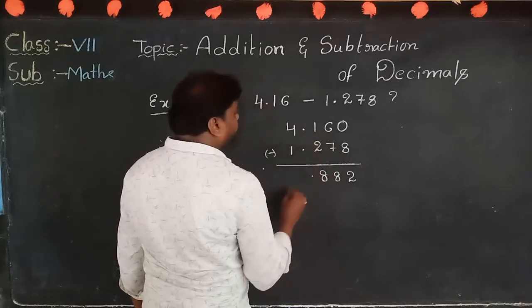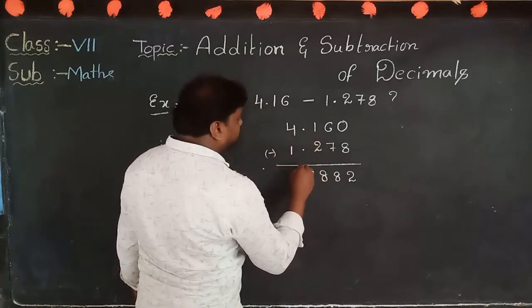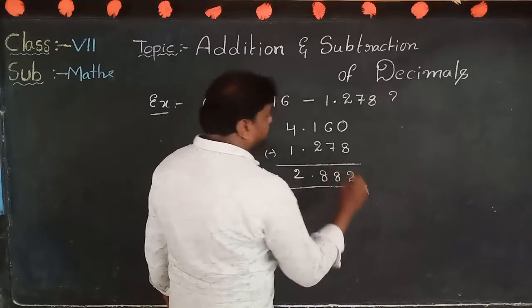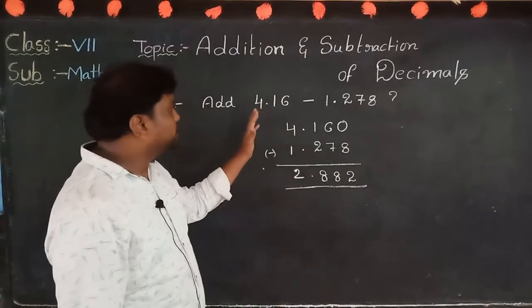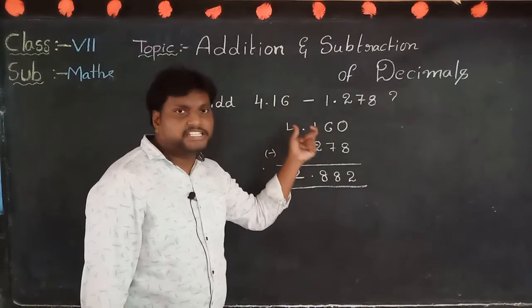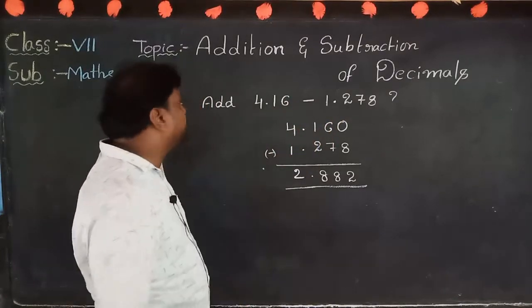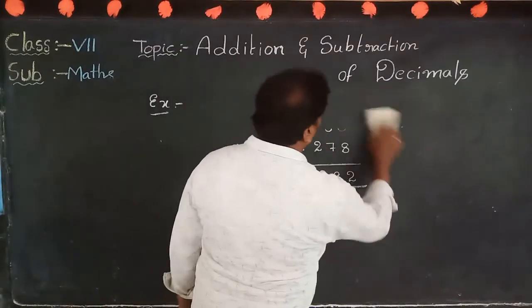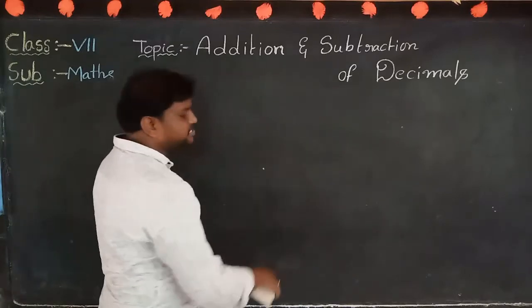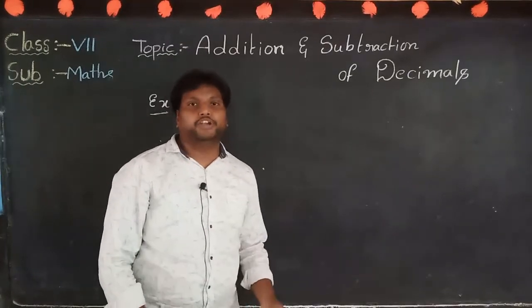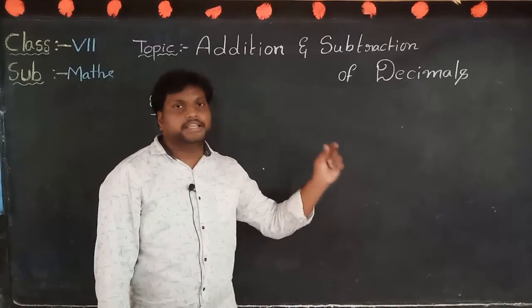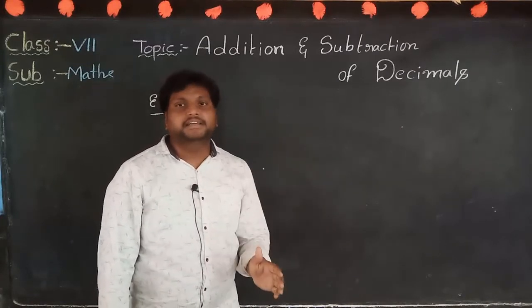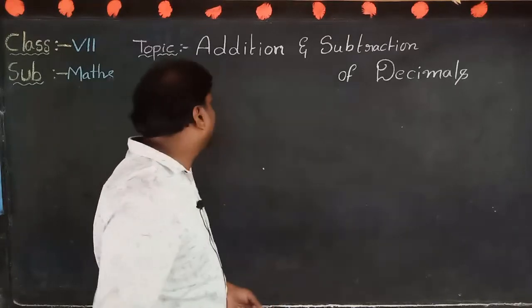And here 3, 3 minus 1 is 2. This is the answer. So first of all we have to check whether they are like decimals or unlike decimals. If like decimals, directly do the operation. If unlike decimals, compulsorily depend upon the decimal point: keep the decimal points straight, then solve the problems.